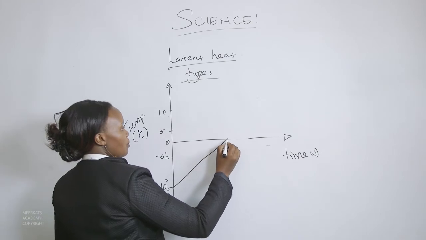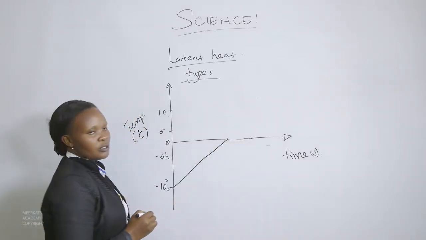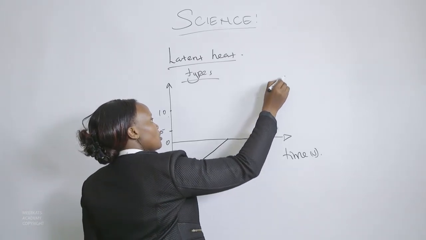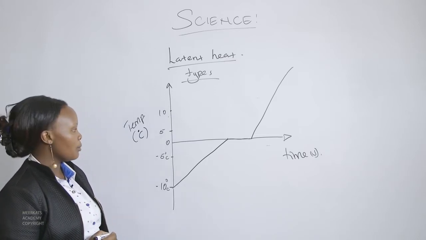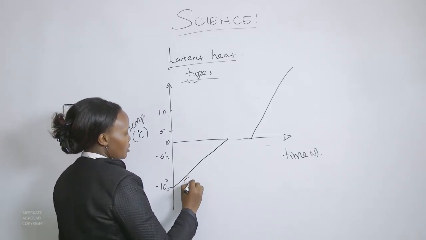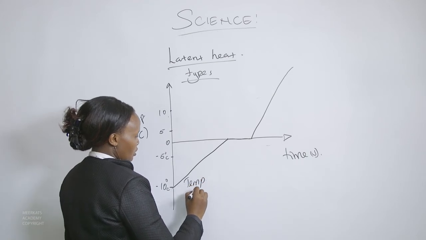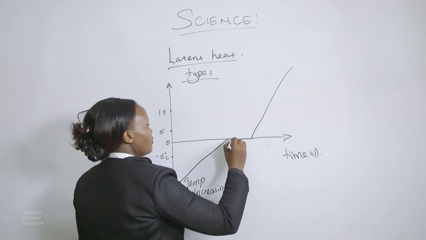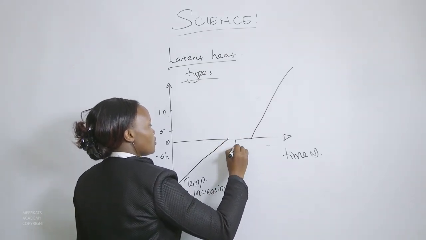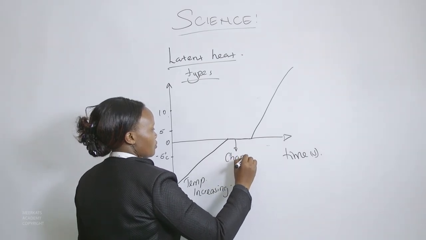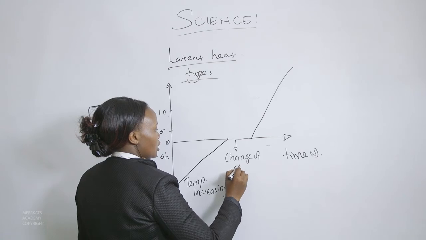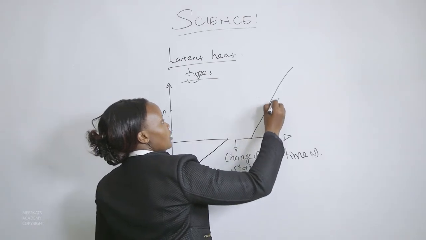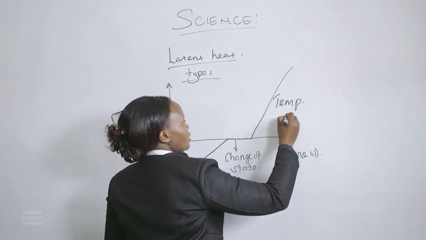And we said we are going to supply some energy without realizing change in temperature, beyond which temperature will increase again with time. So here we have temperature increasing. Here we have change of state. And again, after we have achieved our change of state, temperature rises again.